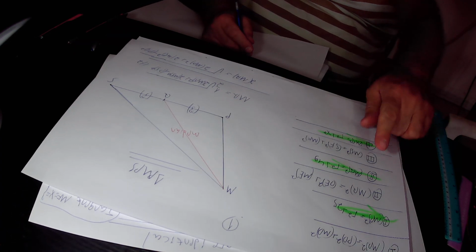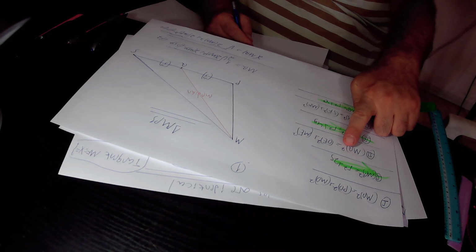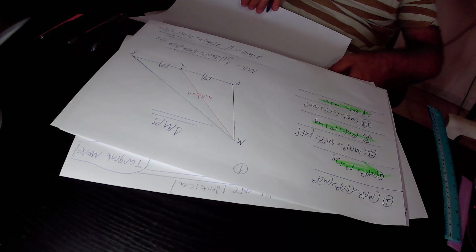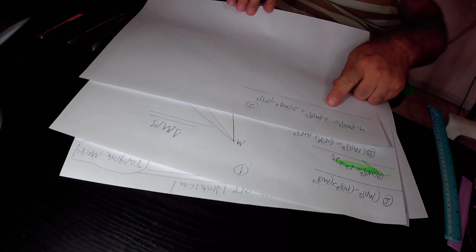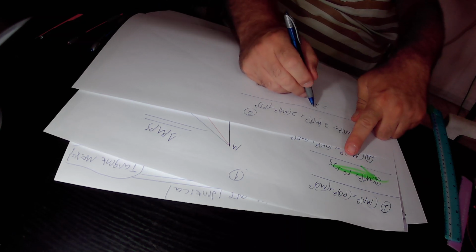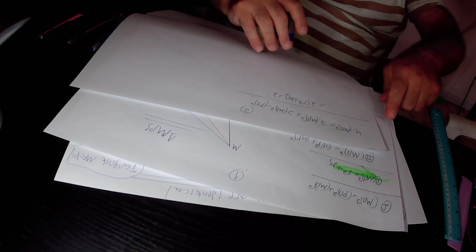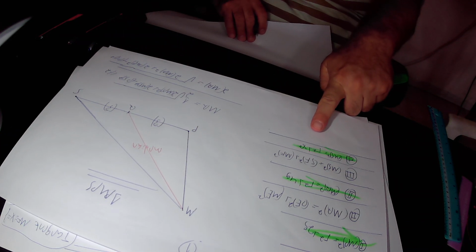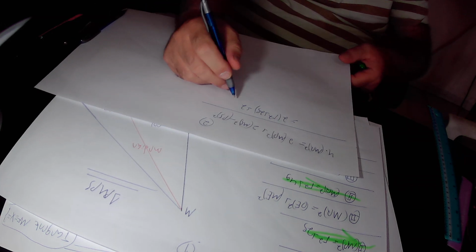According to equation 1, MP squared equals r squared plus 25. Therefore, we substitute MP squared here by r squared plus 25. It will be equal to 2 times MP squared, r squared plus 25, plus 2 times MS squared.